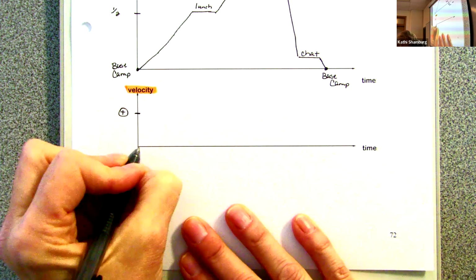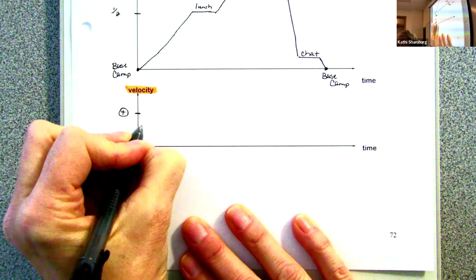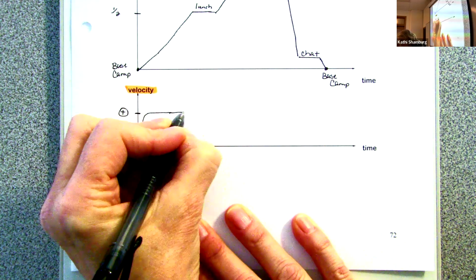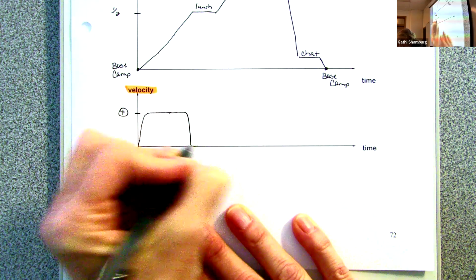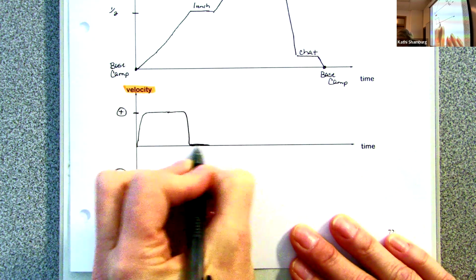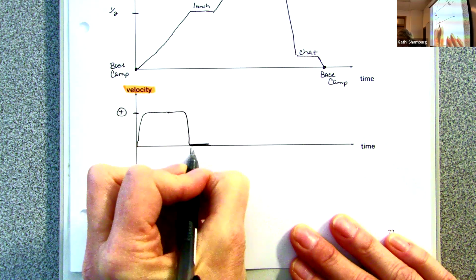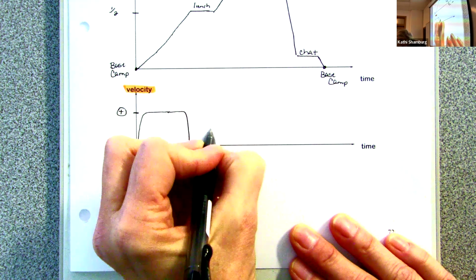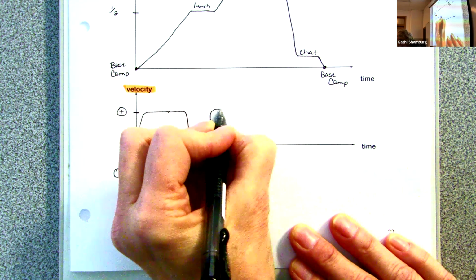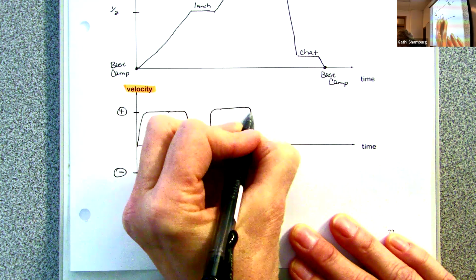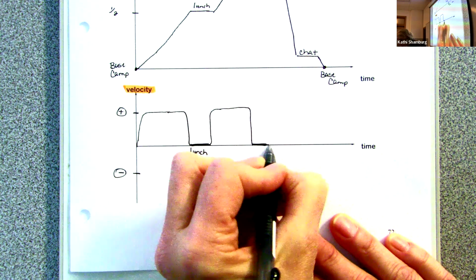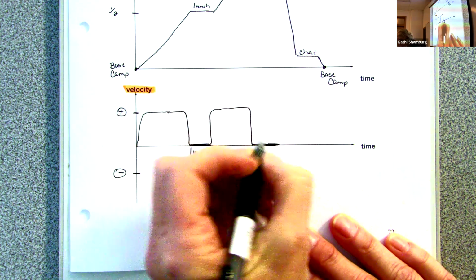So we steadily go up, constant, constant, and then we stop for lunch. Here's lunch. Then I start again, and my speed is constant till we get to the top. And then we take a look at the view.